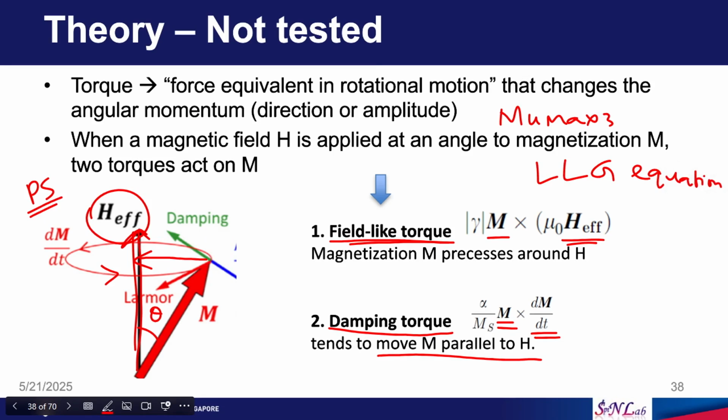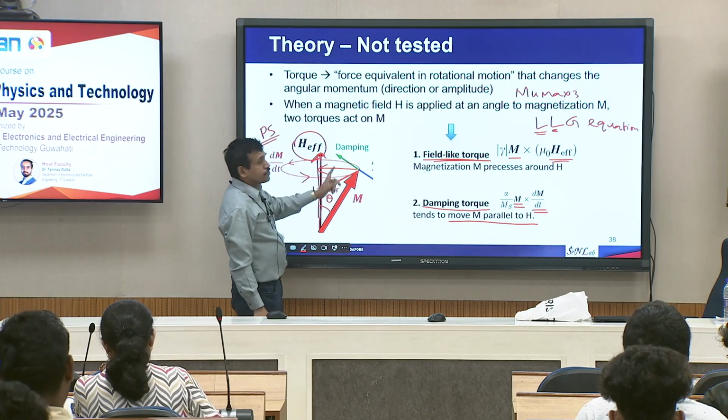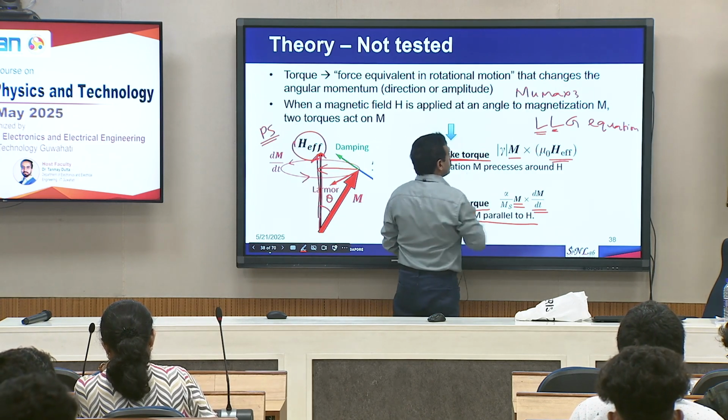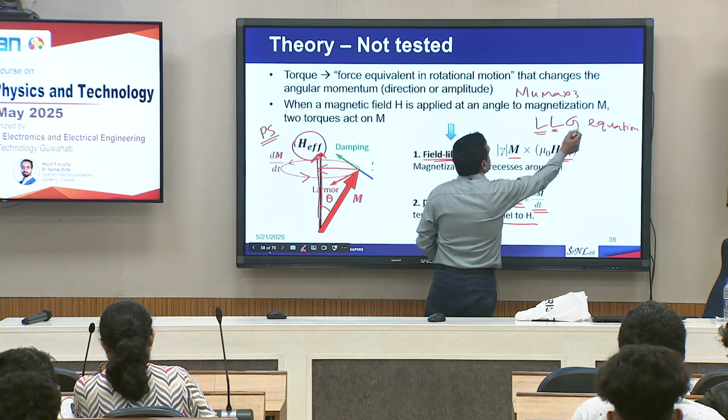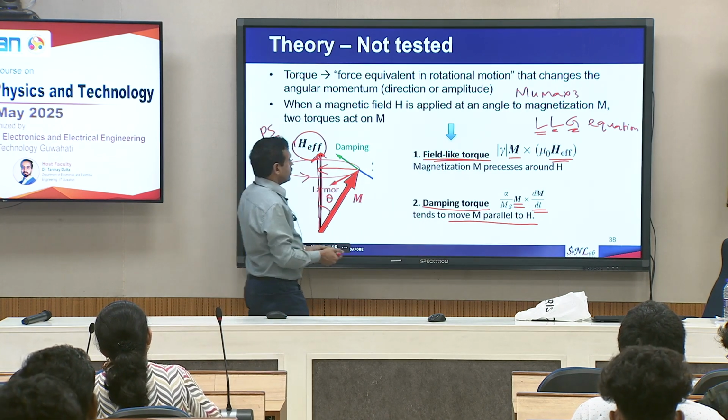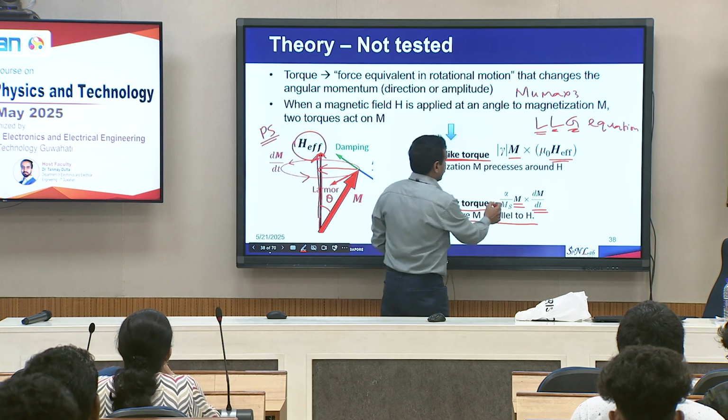So, in the LLG equation, the Landau-Lifshitz part, LL, is by two scientists, Landau and Lifshitz. They came up with this term that if you have a magnetic field at a certain angle with respect to magnetization, the magnetization will precess. That is the term introduced by Landau and Lifshitz, and Gilbert is the one who introduced this damping part.